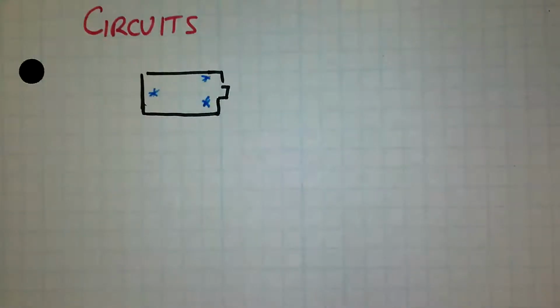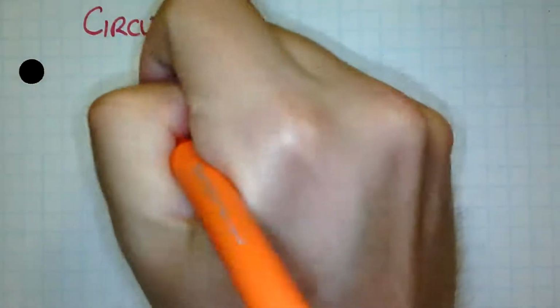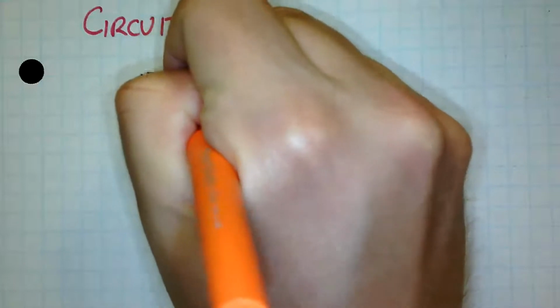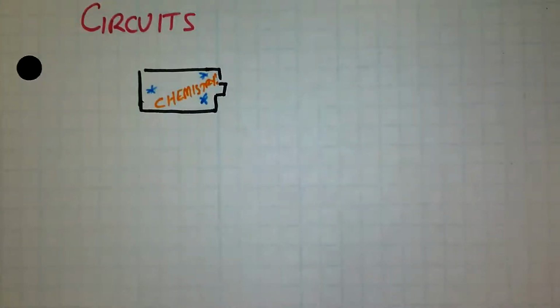A battery works with the magical power called chemistry in the inside of the battery. But I don't really care about the chemistry. There's chemistry that's going on in the battery, but take a chemistry class to learn that. What I'm interested in is what happens as a result of the chemistry.